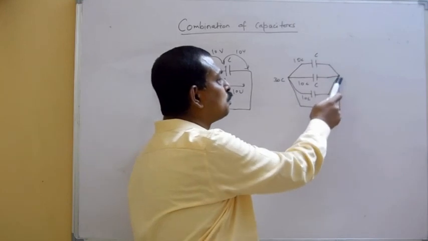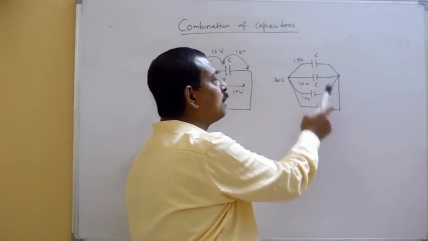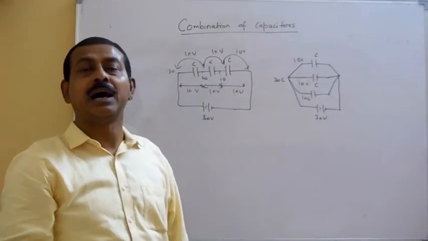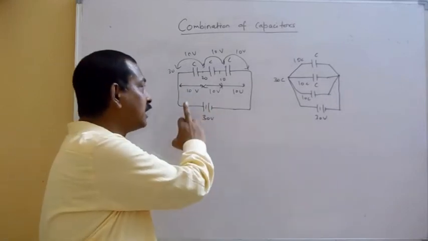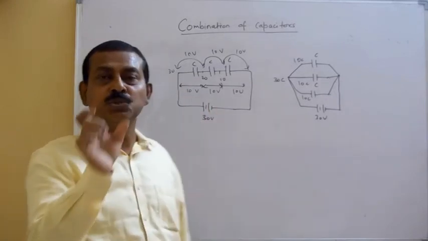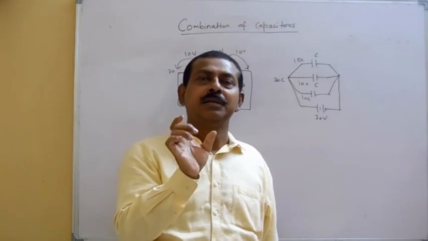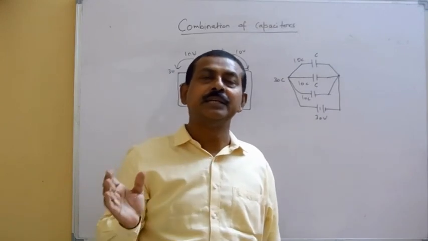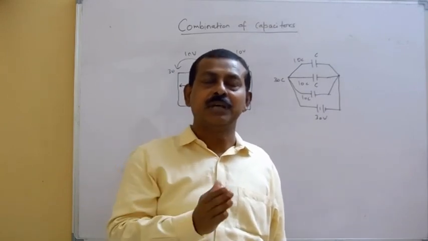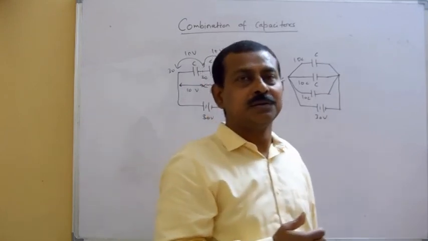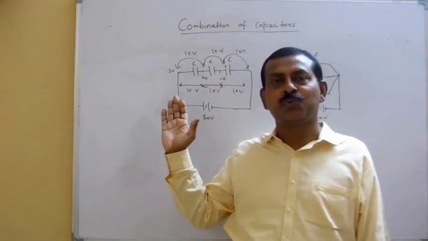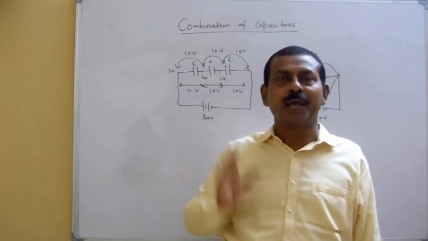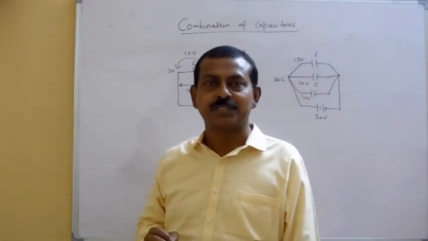Whatever is the potential at this point, it is same, so that it gives the same potential difference and they are in parallel, not here. So we'll use this as the basic statement for deciding the capacitors are in series or in parallel. So now let's use this one for series and parallel combination of capacitors.